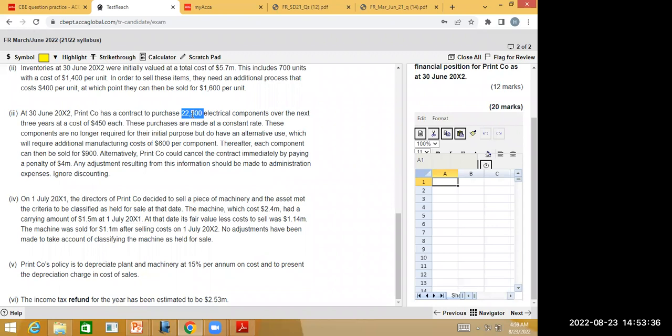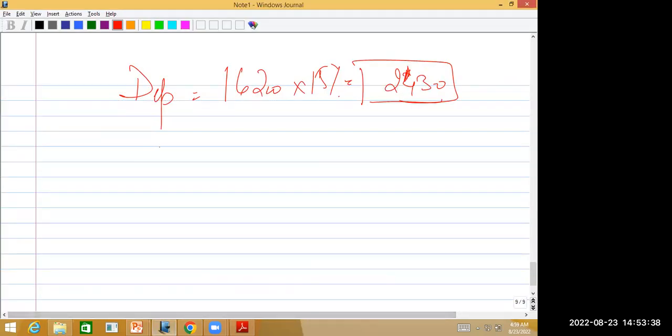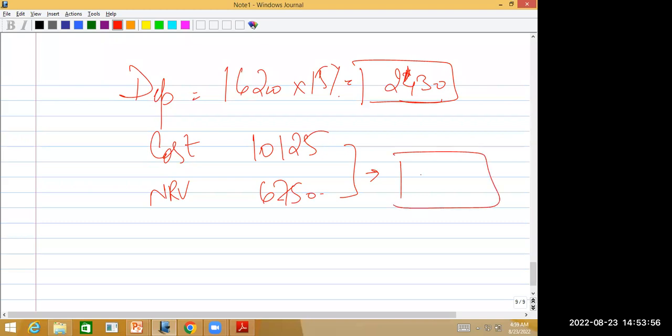So the cost and the net realizable value. The cost is 10125, the realizable value is, so the estimated loss that the company is going to make will be 3375.